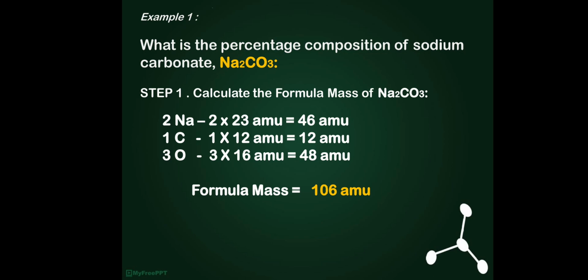Carbon, 1 multiplied by 12 atomic mass units is equal to 12 atomic mass units. 3 for the oxygen multiplied by 16 atomic mass units is equal to 48 atomic mass units. So what would be the formula mass? The formula mass would be 106 atomic mass units. Bakit nangyari yon? Just add 46, 12, and 48. Just add it and the result would be 106 atomic mass units. So that would be step 1.